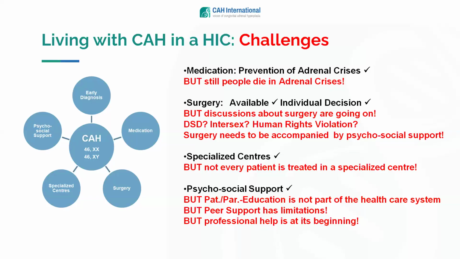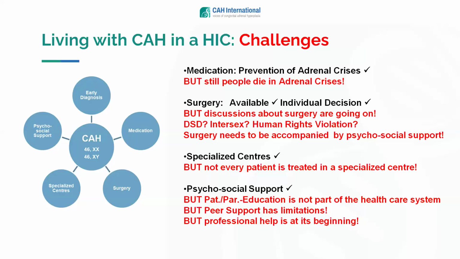But it turned out that he was not really specialized in CAH, and this mother came up to me because her daughter gained so much weight and had such high blood pressure at 12 years. Then I talked to her and said, maybe you should have a second opinion somewhere in a specialized center, maybe the medication is too high.